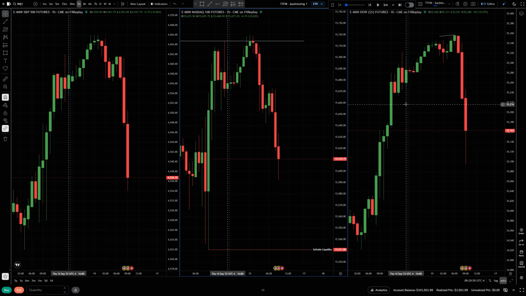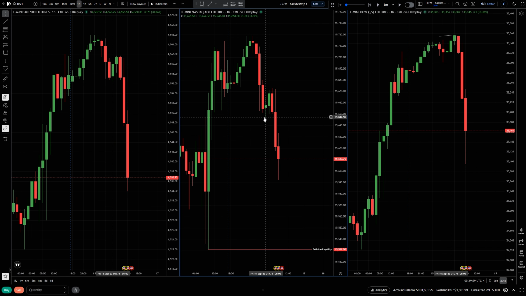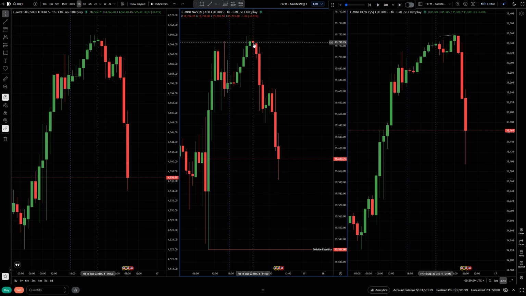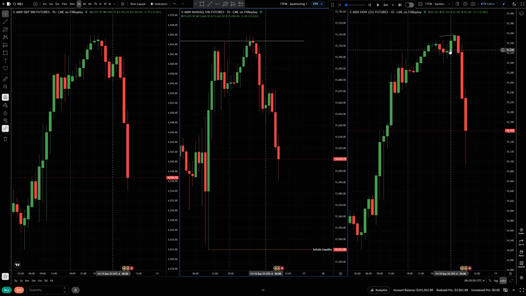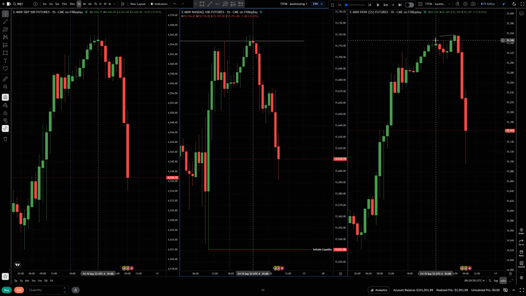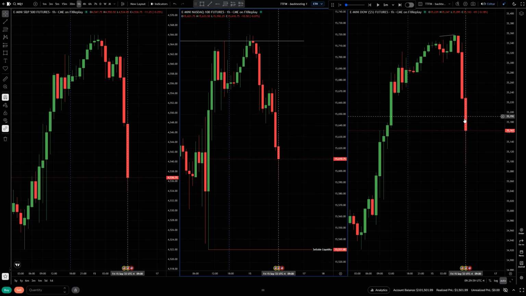On a 1-hour chart, yeah, we can see that NQ has been expanding from the London session, while YM made one last run above the London highs before going down.